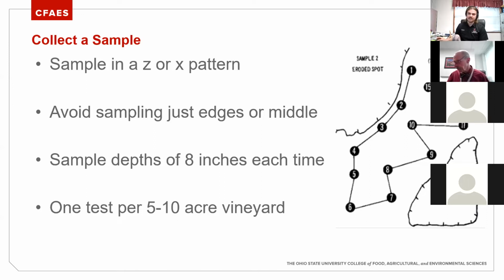So when you look at doing your samples, don't look at it just strictly as vineyard A versus vineyard B, but look at it as, all right, this area is the same, this area is the same. You might have to separate it by type of grape. If certain grapes have different requirements, you may want to separate it that way.